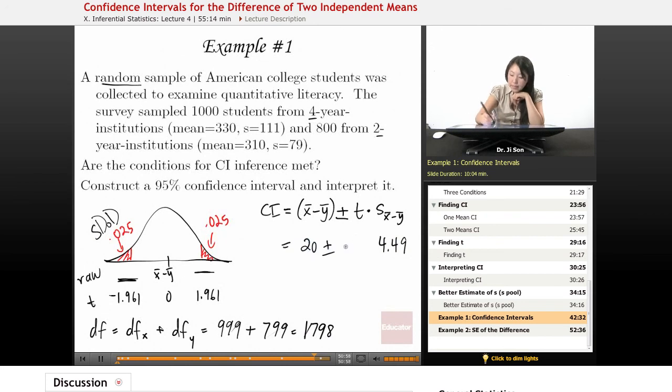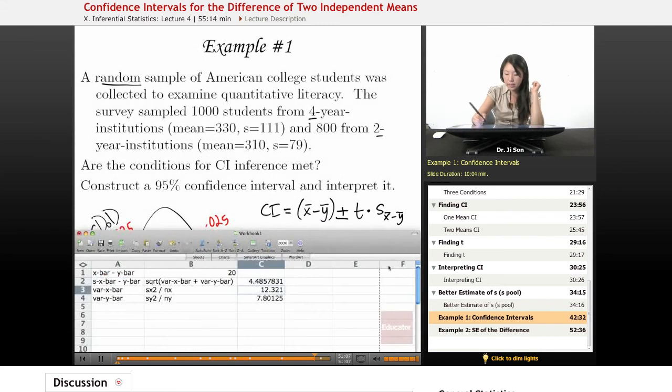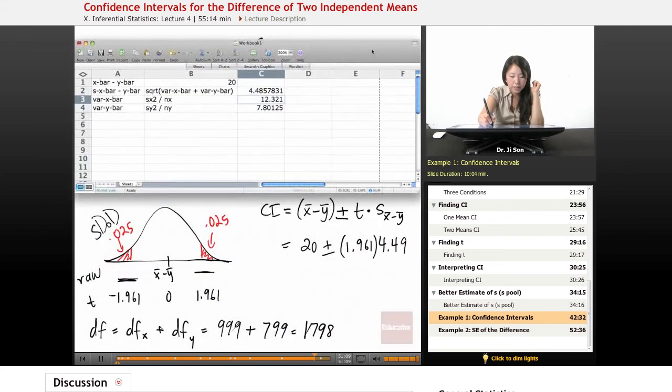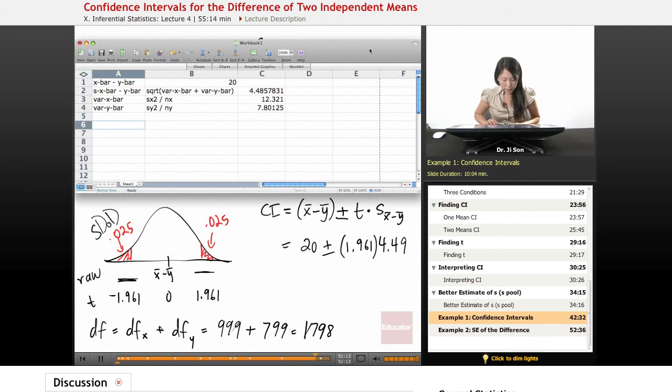Plus or minus, t is 1.961, right? So now I could do this, and I'll just stick that in my calculator as well. So the confidence interval for the high boundary is going to be 20 plus 1.961 times 4.49.